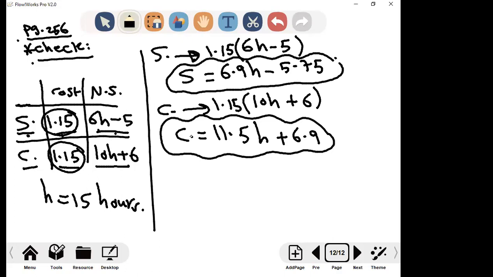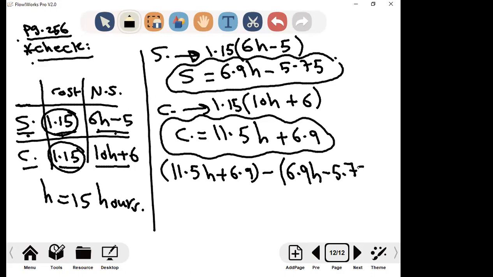So 11.5h plus 6.9 minus the sugar, 6.9h minus 5.75. طبعا you need to distribute the minus, but I'm gonna shortcut it. 11.5 minus 6.9, it is 4.6h.